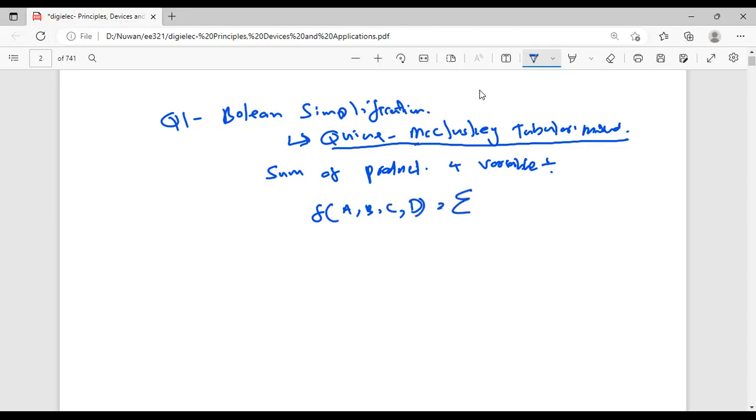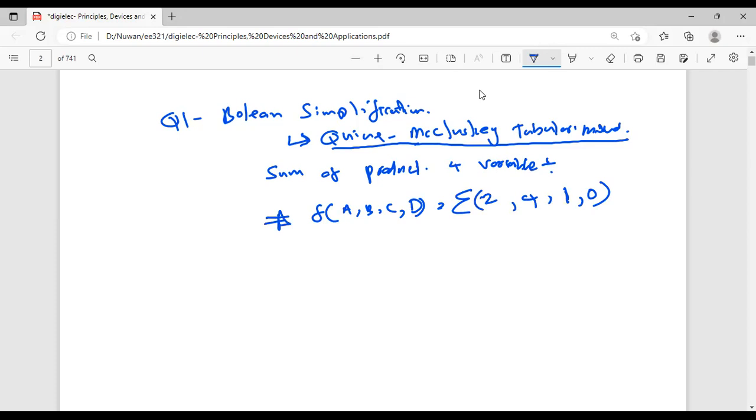And you will get some product values, for example 2, 4, 1, 0 like this. So this kind of expression you will get, and you have to use the Quine-McCluskey tabular method to simplify.